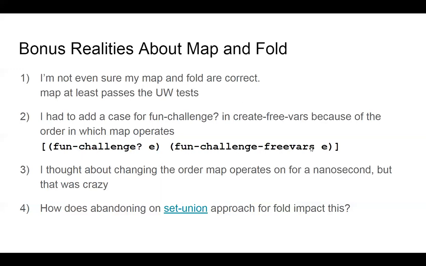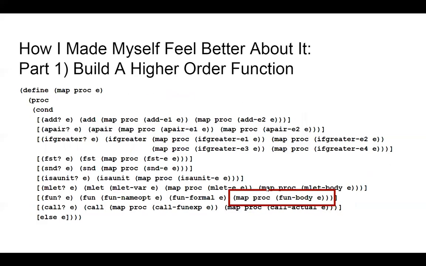Where I had to return, and this is again where I'm returning whole sets that I'm unioning, just the variables, it's the free variables of that function, just because of the order in which this works. So what I'm getting at here is this map of the body that happens first, which is totally reasonable, happens before the entire function itself is mapped on the way out. So this guy would find a fun challenge, not just a function. So I had to deal with that as a bonus one.